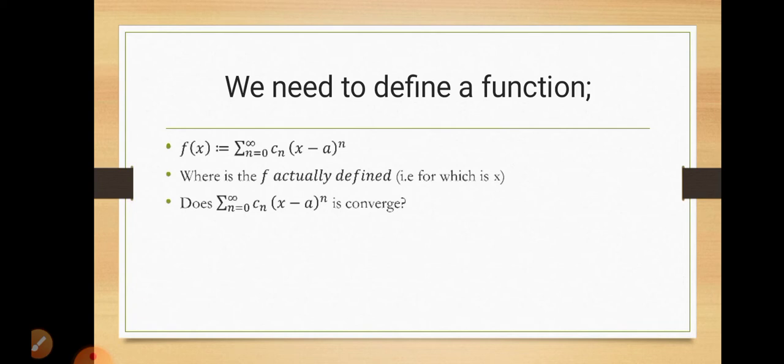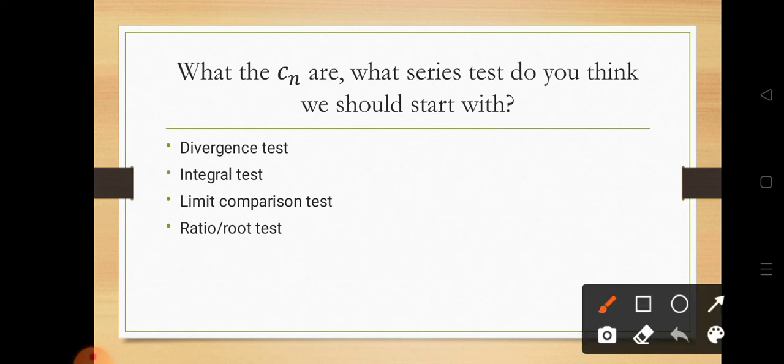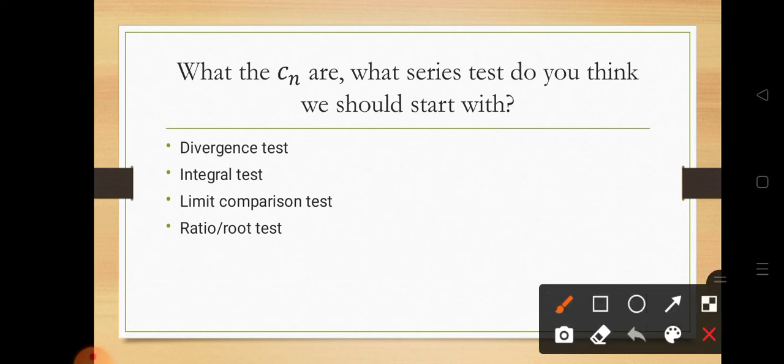Since x is fixed, we can treat it like a constant and analyze convergence of the series just like before. First, what series test do you think we should start with? You can use the ratio or root test.